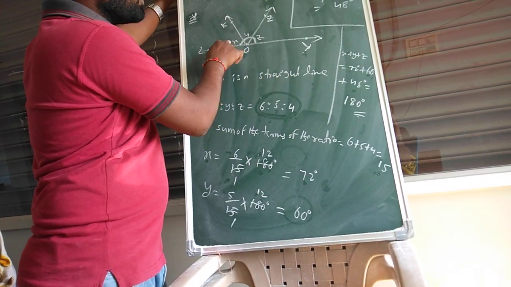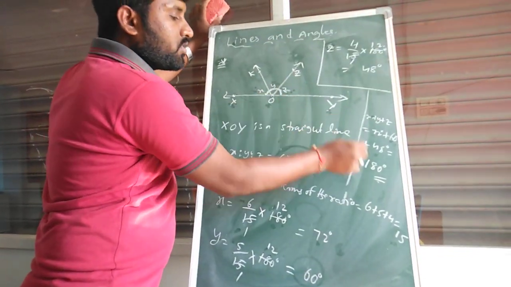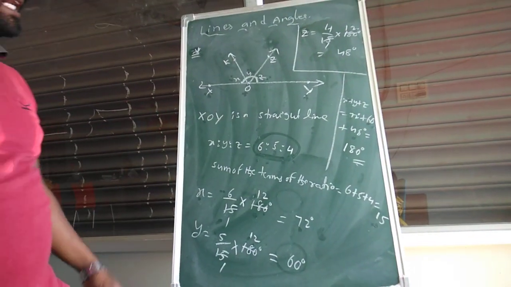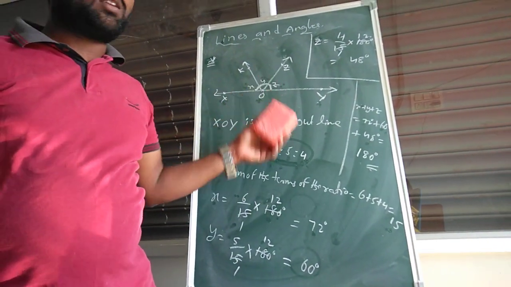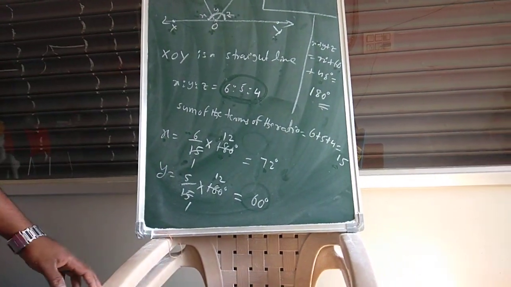Again, the sum of the measures of these three angles x, y, z is 180 degrees. So we will find it like this based on the concepts. Okay students?